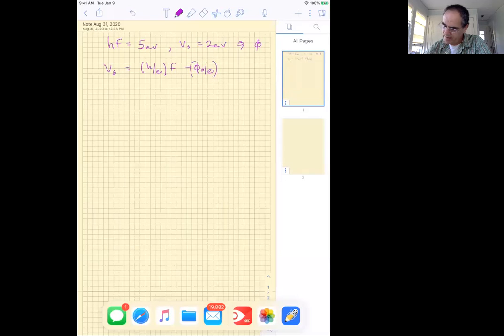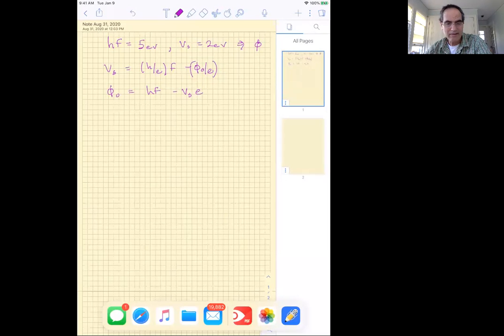And so if we solve this for the work function, we simply get hf minus V sub s times e.